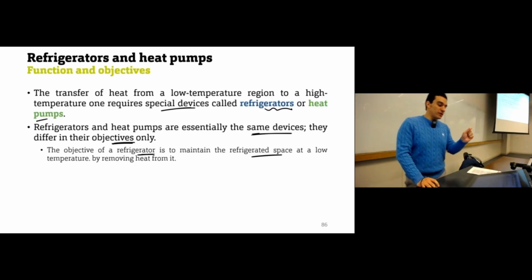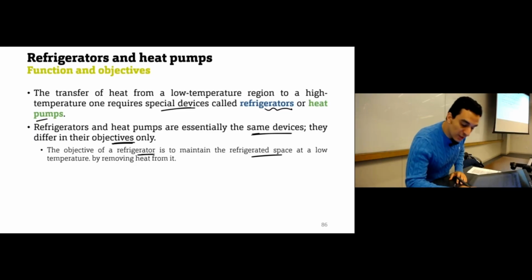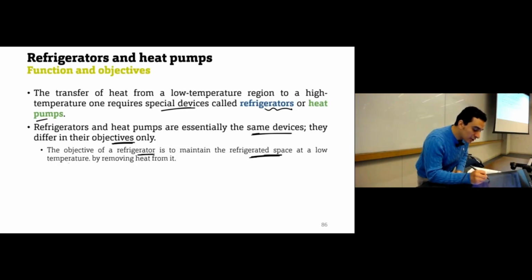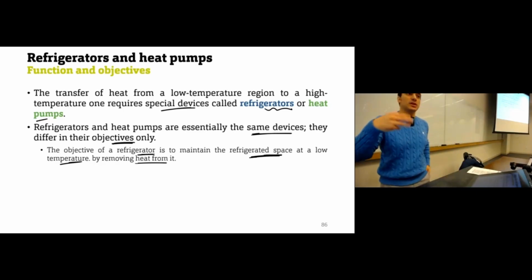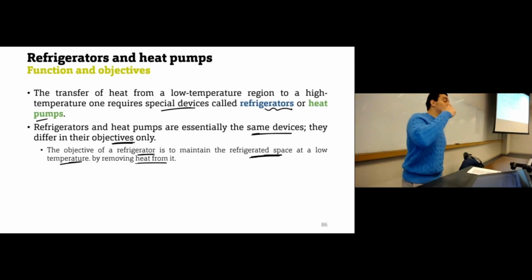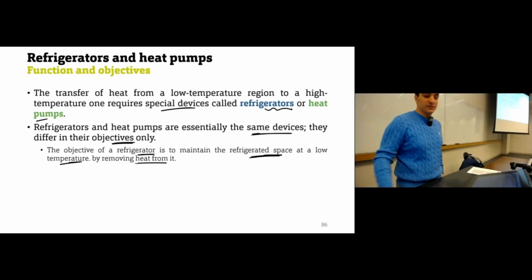The objective of a refrigerator is to maintain a refrigerated space at low temperature, and this happens by removing heat from this low temperature system. So the objective of refrigerators is cooling whatever we have.